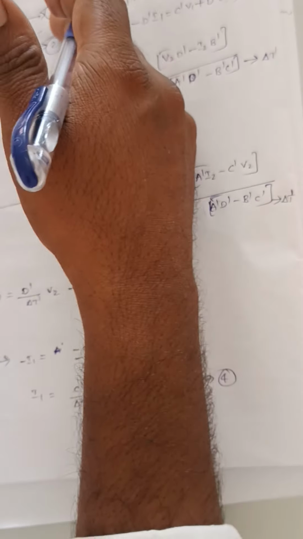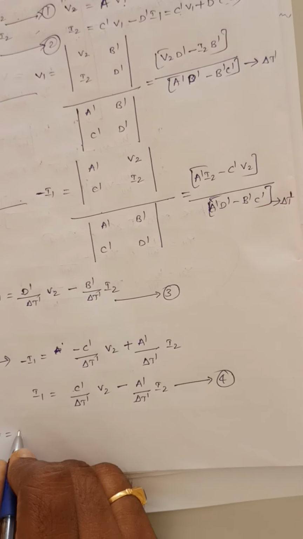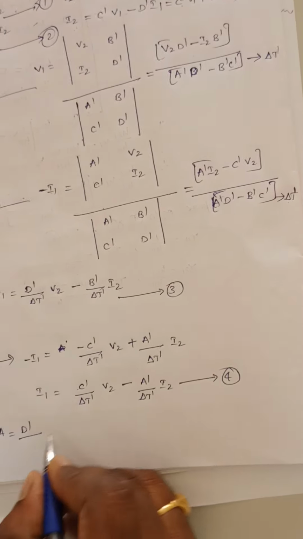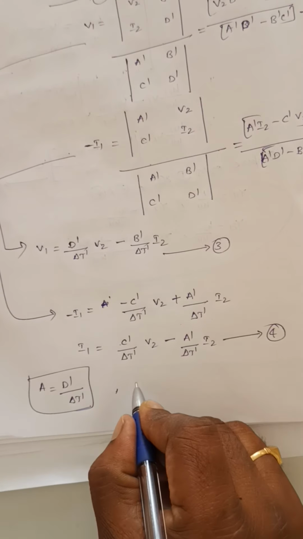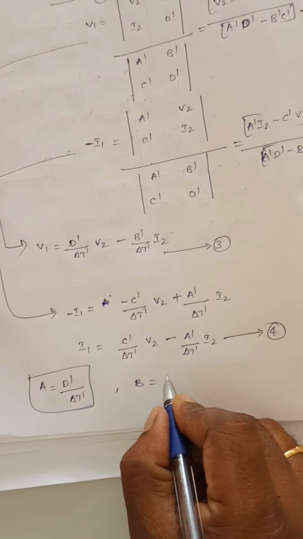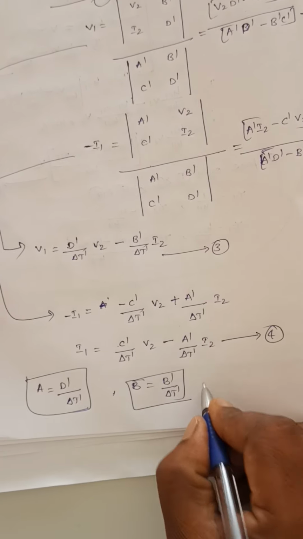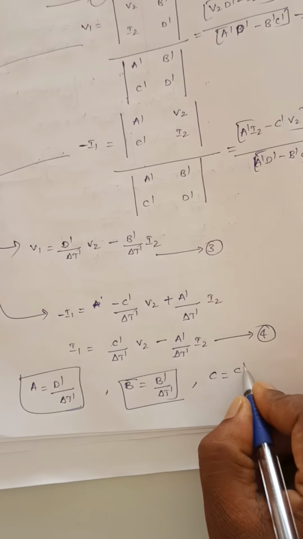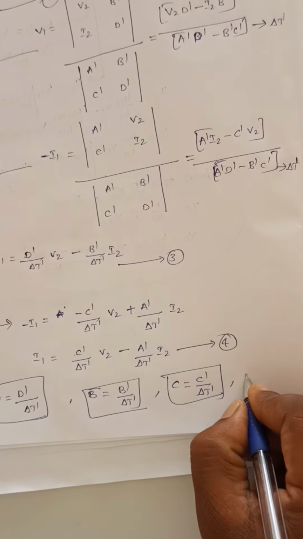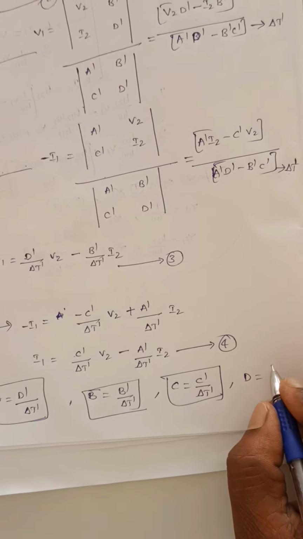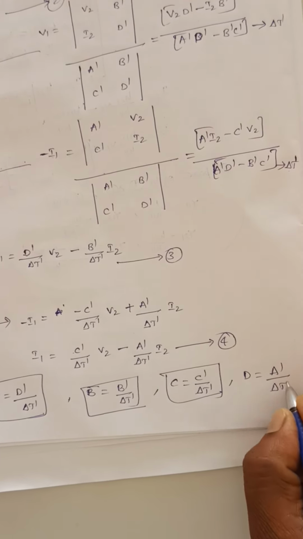So by comparing equations 1, 2, 3, 4, now a is equal to d dash divided by delta t dash, and b is equal to b dash divided by delta t dash, c is equal to c dash divided by delta t dash, d is equal to a dash divided by delta t dash.